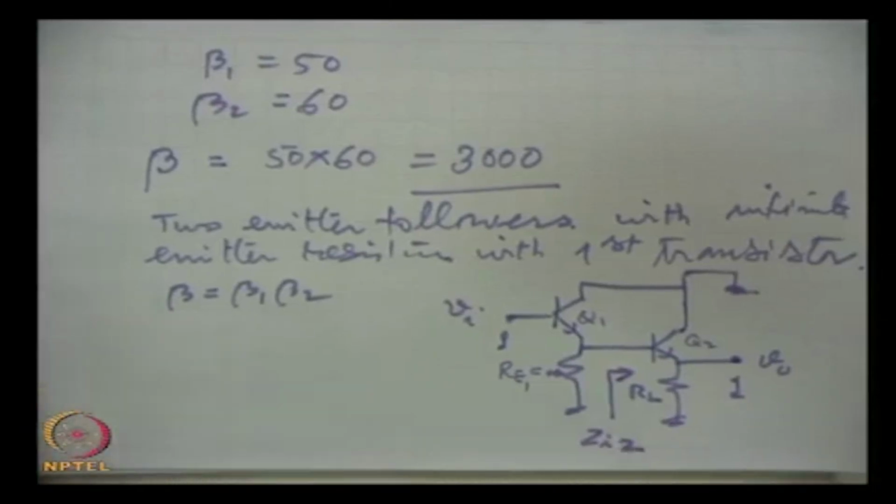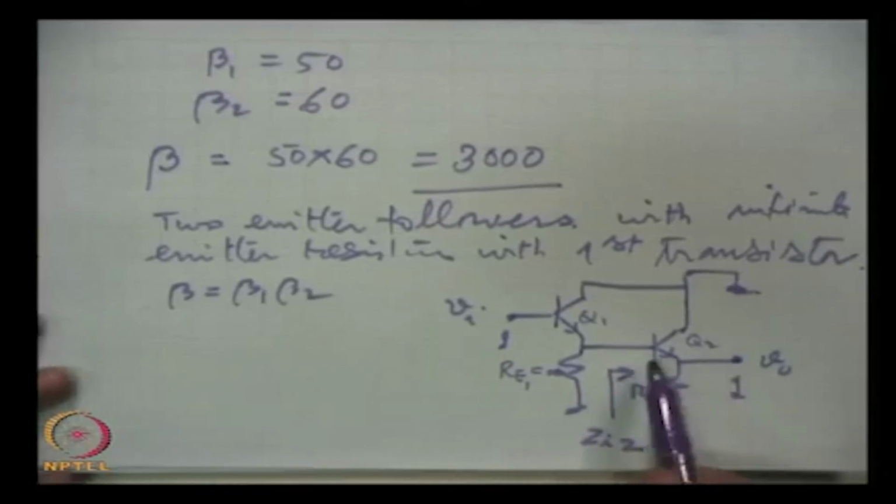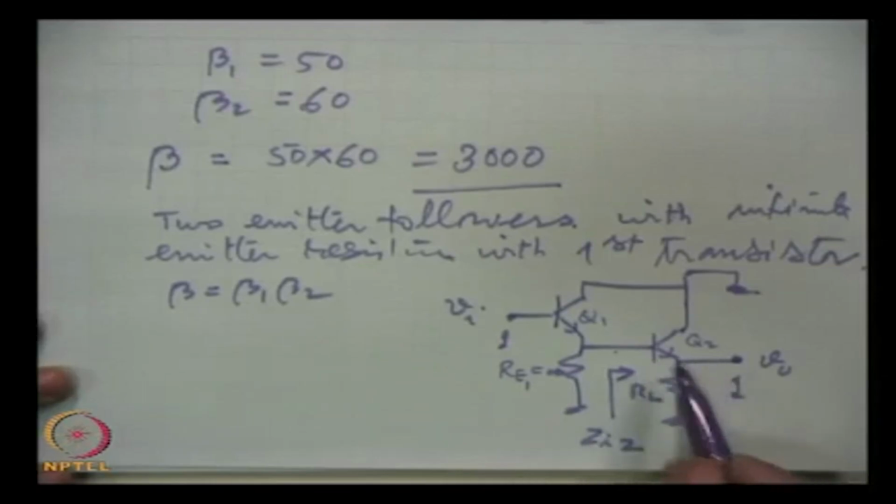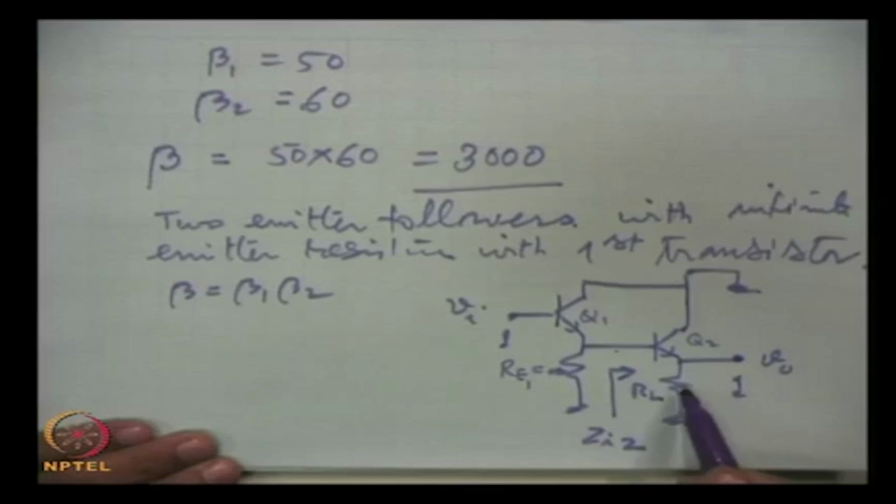You remember the fundamental thumb rule that for a circuit in which the input is given at the base, whether it is common emitter or common collector, the input impedance is equal to beta times the load resistance.